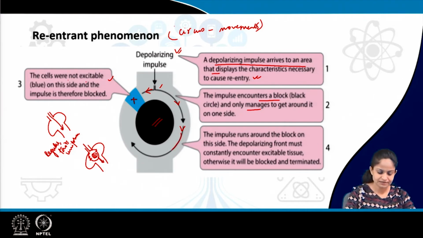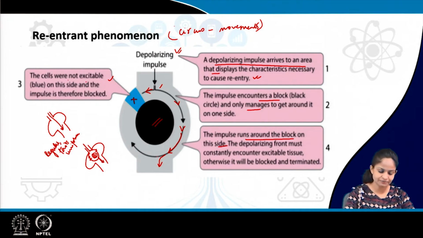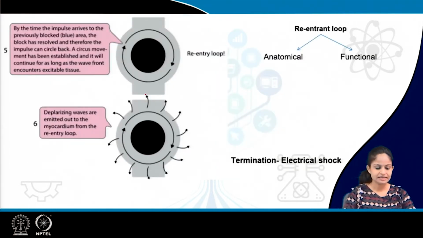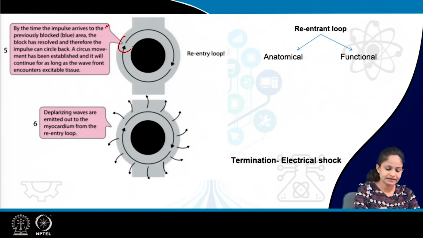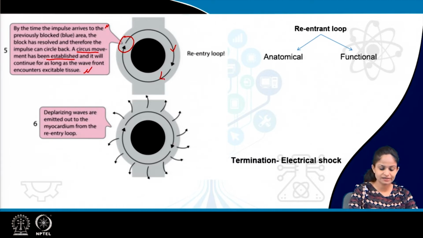Generally the impulse should travel here, but instead the impulse runs around the block, because by the time it moves here, these cells become excitable, and finally the blue cell will also become excitable. So, by the time the impulse arrives at the previously blocked area, this area has become excitable, the circus movement has been established, the wavefront current encounters excitable tissue, and this re-entry loop is created.